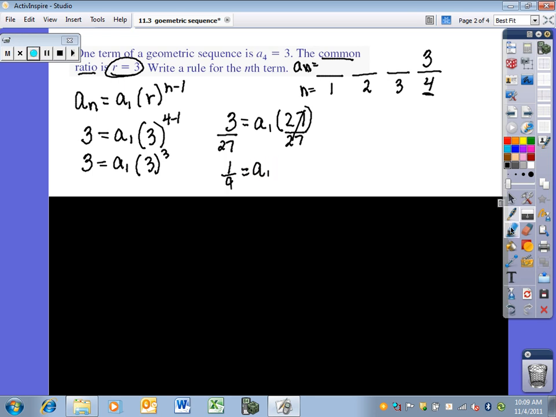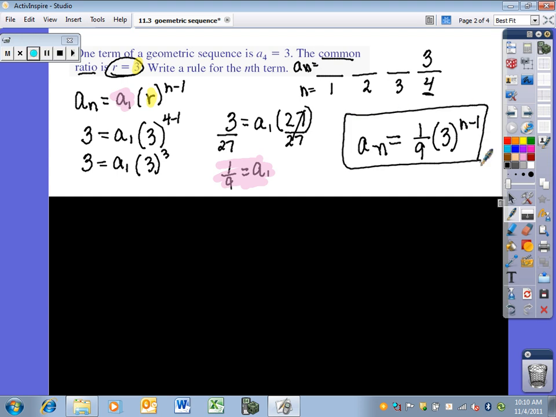So I can take this a sub 1 and plug it in, and I can also take my ratio of 3 and plug it in to generate my rule. So in the end, the rule is first term 1/9 times the ratio 3 to the n minus 1. And I've generated a rule.